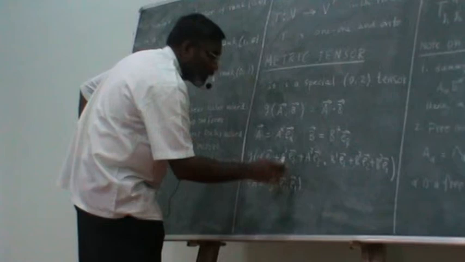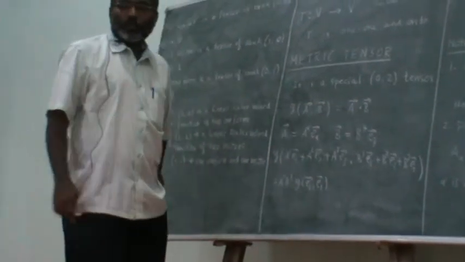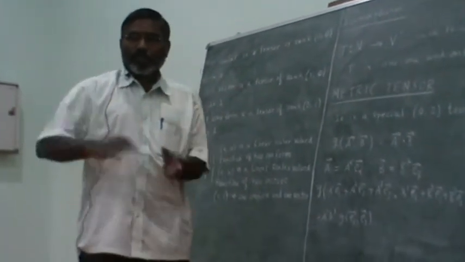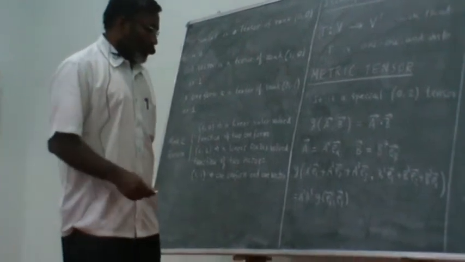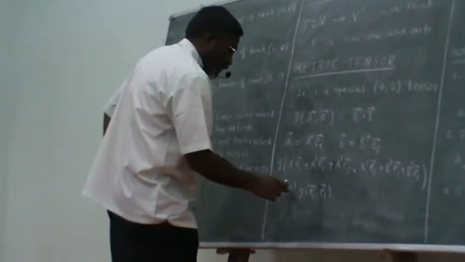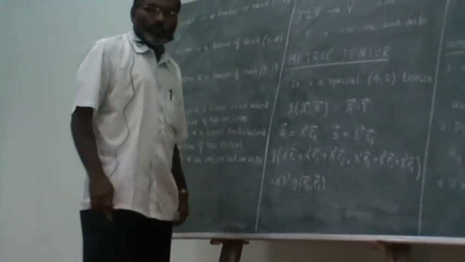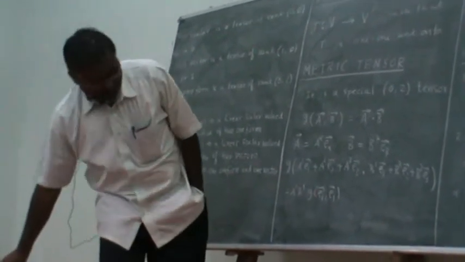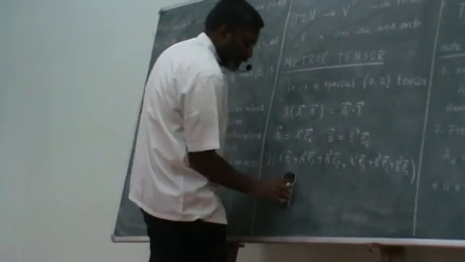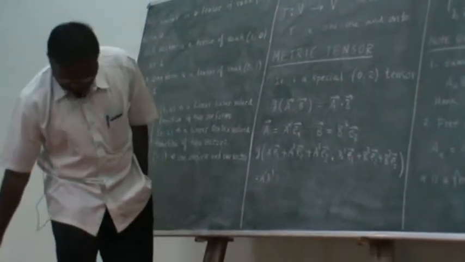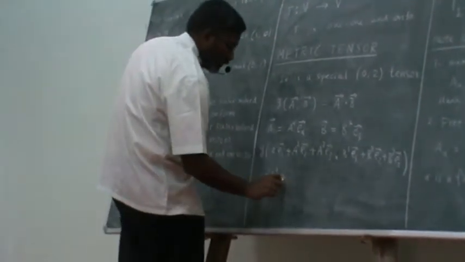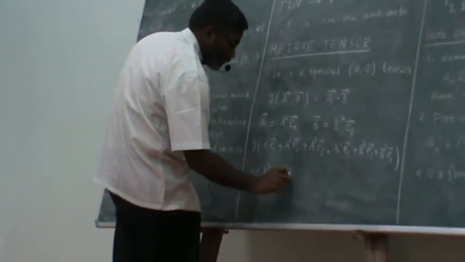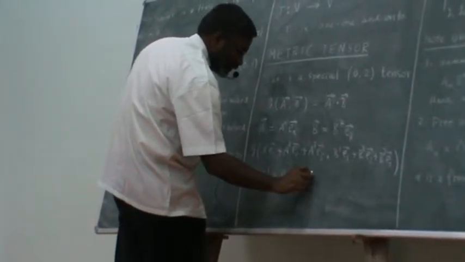E1 comma E1 is by definition E1 dot E1, which is equal to 1. E1 dot E2 is 0 and so on. So you will get A1 B1 plus A2 B2 plus A3 B3.